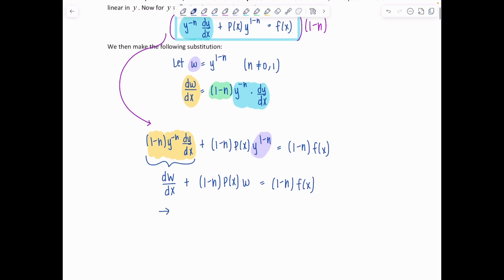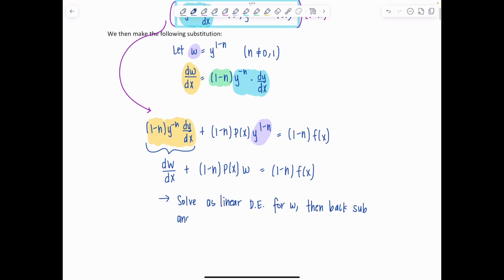So then now what do we do? You just solve this like we did all the differential equations in the previous section, as a linear differential equation for w, okay? And then you just have to back sub, because w is y to the 1 minus n, right? So you're going to replace it with y to the 1 minus n, and then solve for y in your final answer.